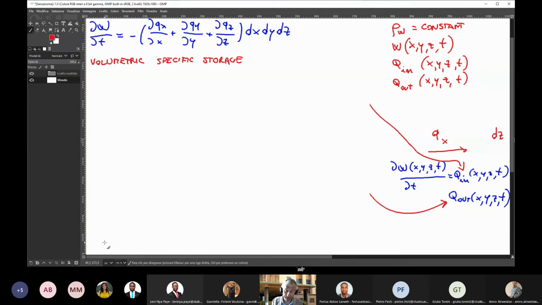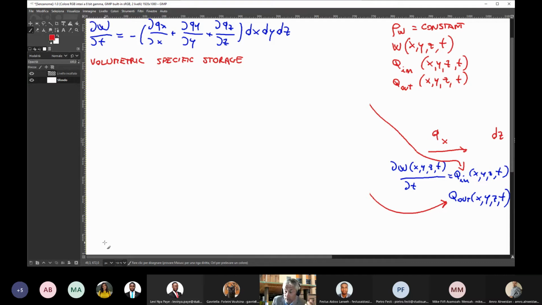Okay, very good. So we are now writing the mass balance equation for this very small piece of aquifer, and I have got the expression that you see on the top left of the screen in blue. Perfect. Now I need to work on the left-hand side of that equation, because I have several unknowns in this equation.